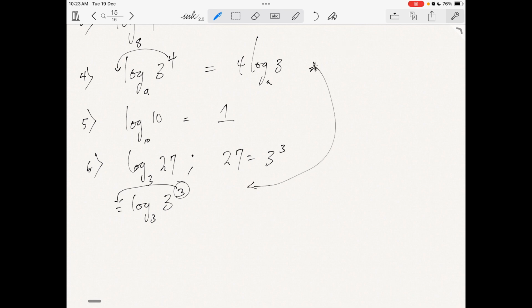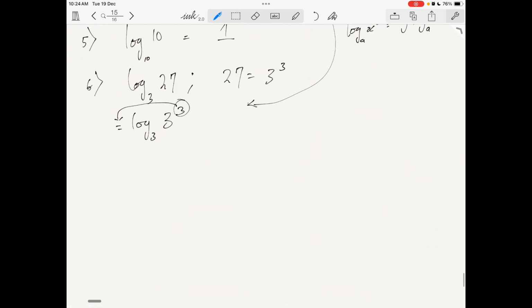So that means we are saying that log a of x raised to power y is equal to y log a of x. So this makes it 3 log 3 to base 3. Now log 3 to base 3 is 1 because they have the same power. So this will give me 3 by 1 and the answer will be 3.